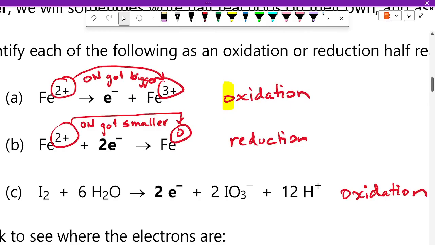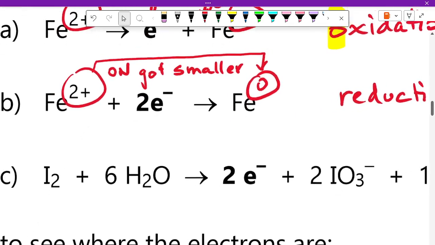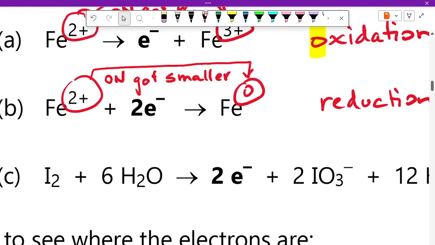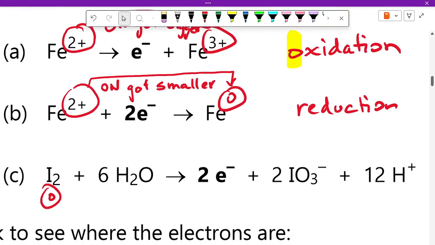And in the last one, you would have to do a little more work on this one because you don't have lovely charges just sitting on the element. You could look at I2 and say, what is the oxidation number of I2? 0. What is the oxidation number of I in IO3 minus?